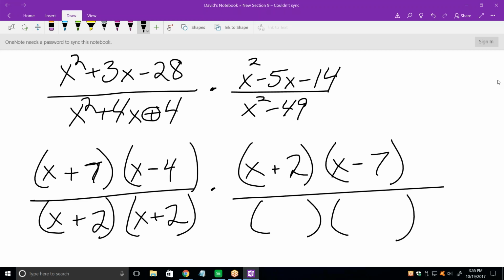It's called that because x squared is a perfect square and 49 is a perfect square. If that was 48, I wouldn't be able to use it because 48 is not a perfect square number. So in order to use DOPS, both of these have to be perfect square numbers. Okay. What's the answer? X plus 7, x minus 7. Now cancel wherever you can.